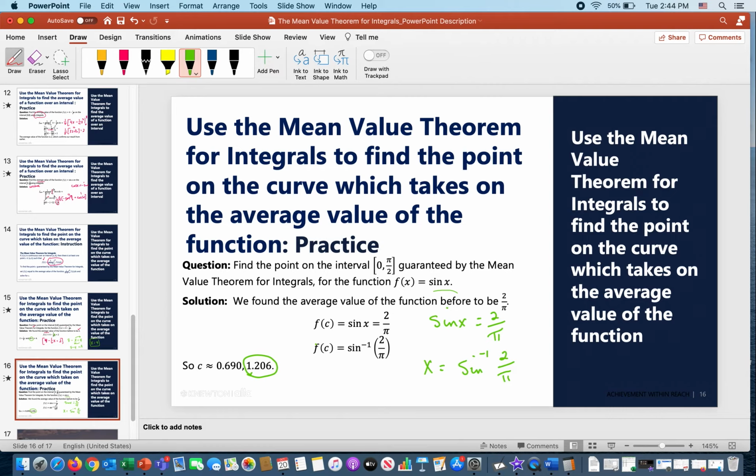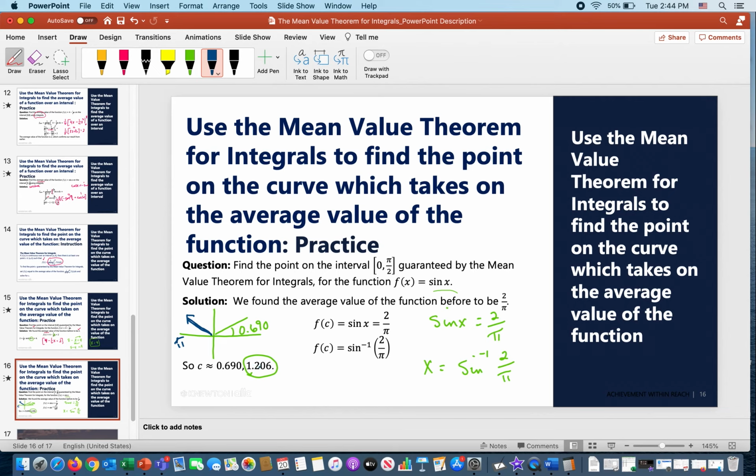So here, graphically, let me show you what I have. We've got this angle, 0.690, and there should be another angle over here in this quadrant that matches up to that. This would be pi.